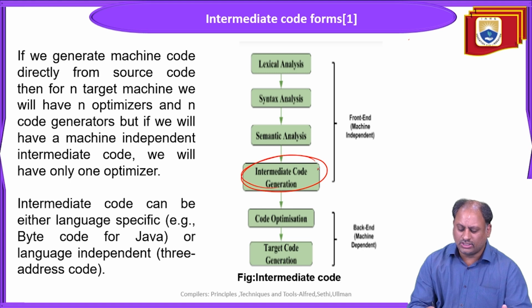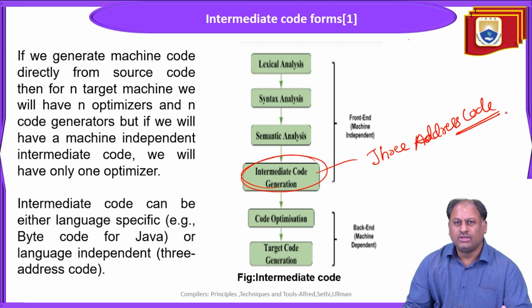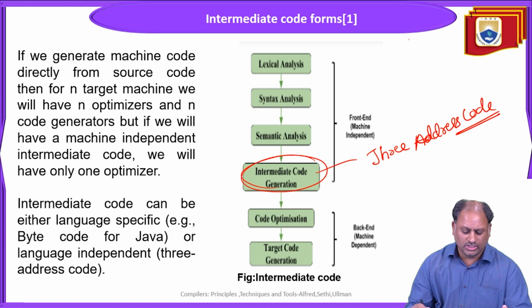Intermediate code generation, where three address code is written clearly, and this code carries bytecode information for languages such as Java, and language independent features, all taken care of in this particular phase.